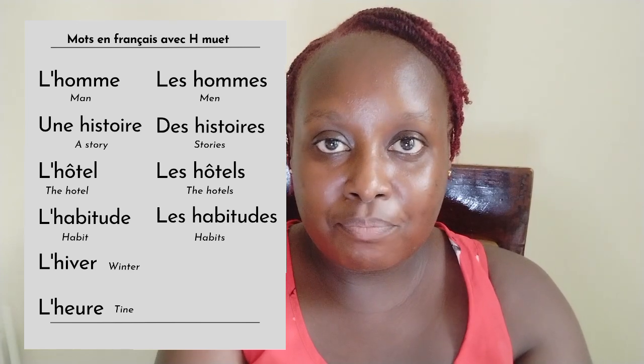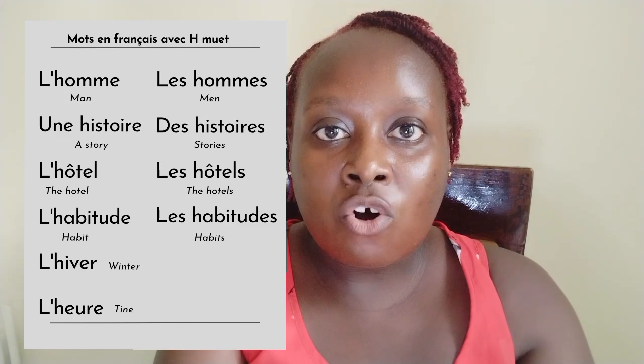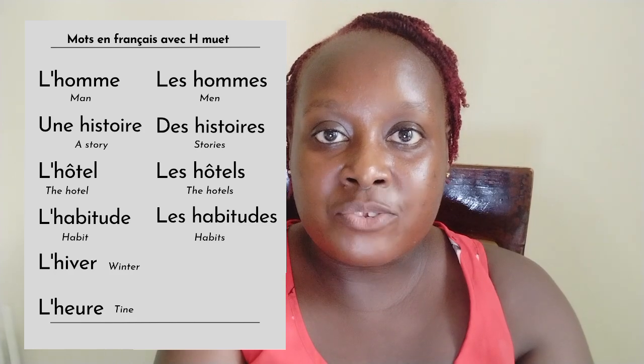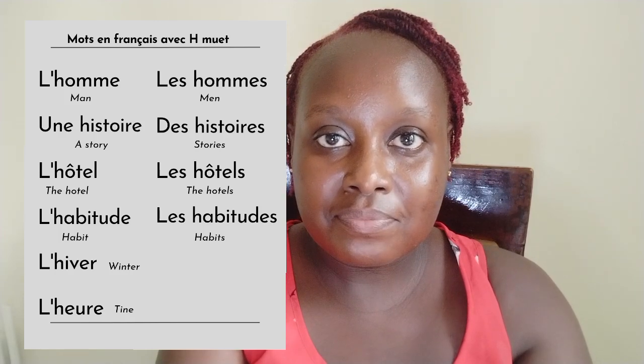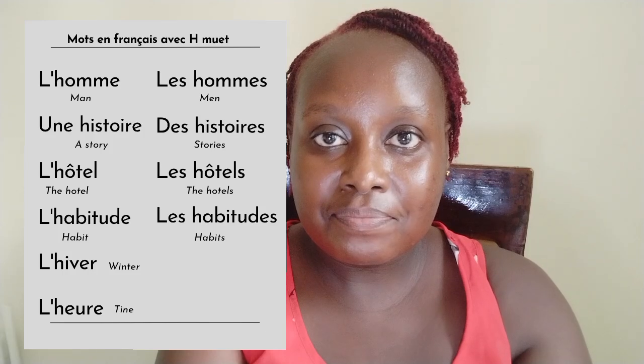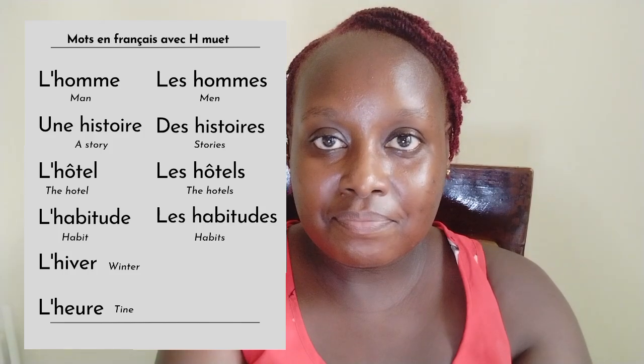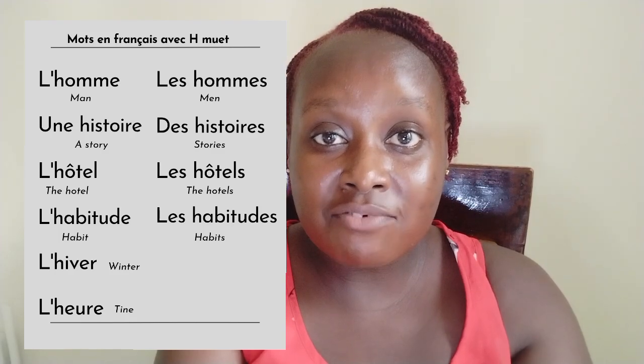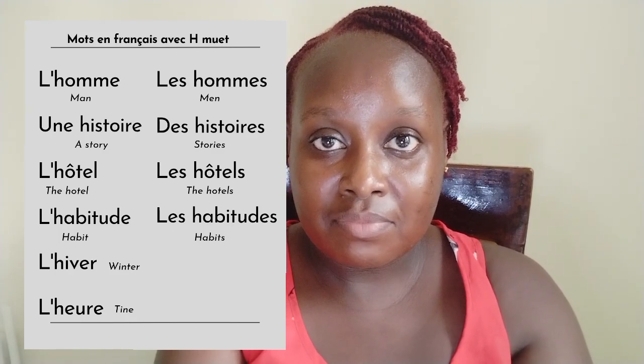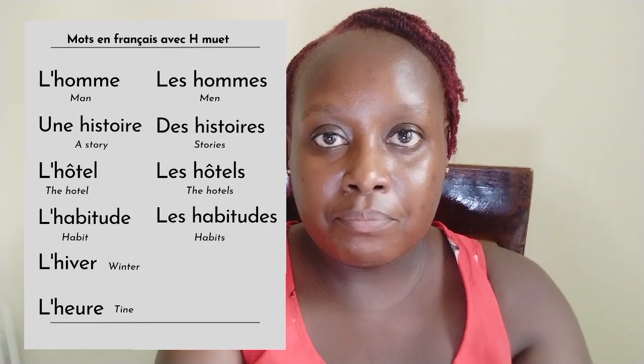We have l'homme, les hommes, une histoire, des histoires, l'hôtel, les hôtels, l'habitude, les habitudes, l'hiver, l'or. And please note, this is not the exhaustive list of words in French having H muet. These are just a few of them.